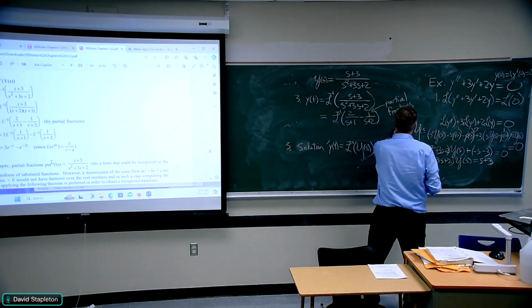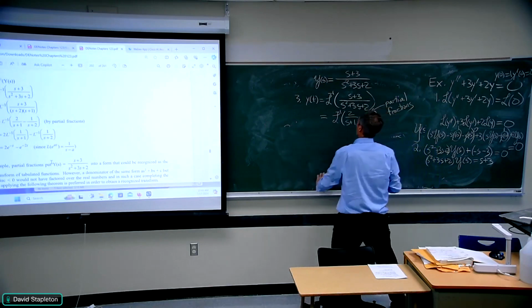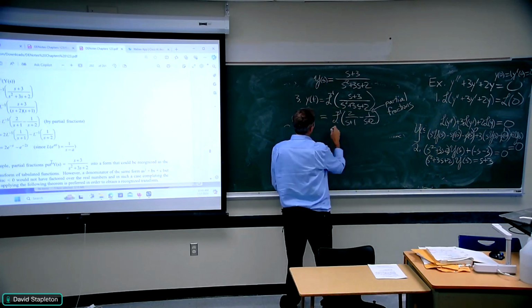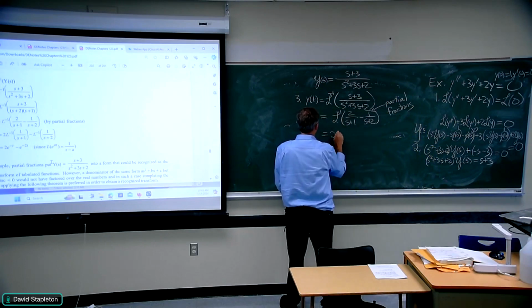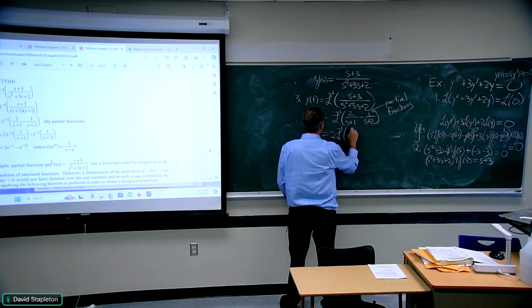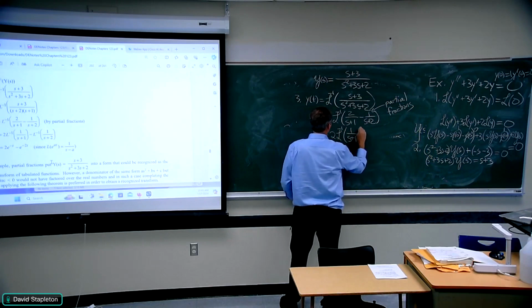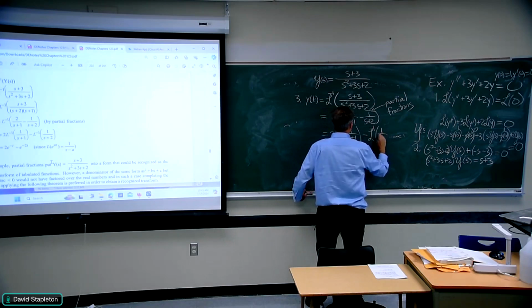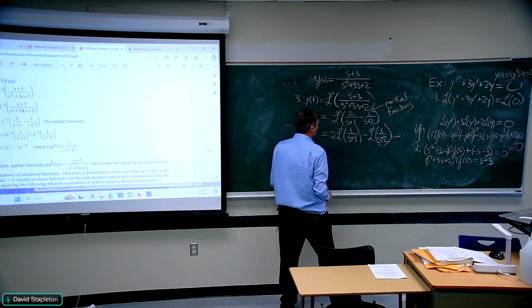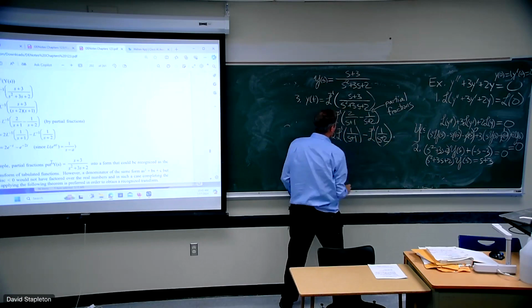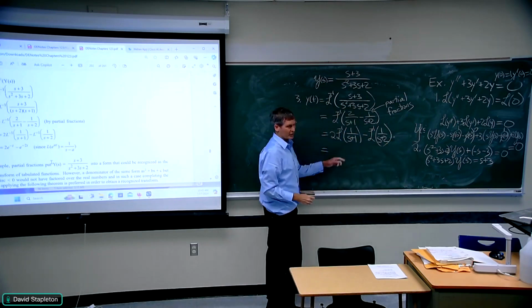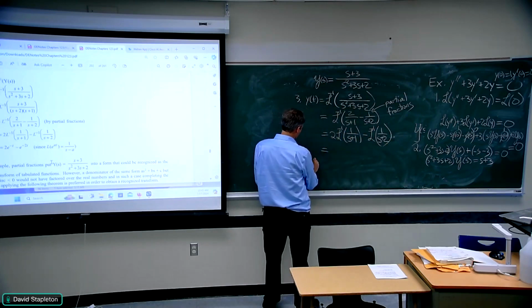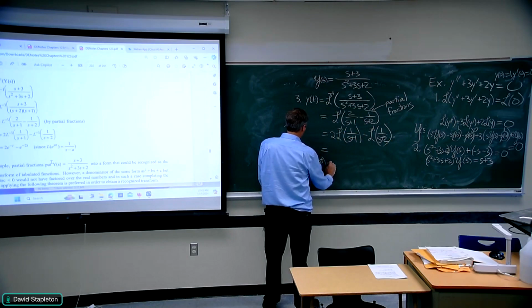And now we know that the inverse transform of a linear combination is the linear combination of the inverse transforms. So this is twice the inverse transform of 1 over s plus 1, minus 1 times the inverse transform of 1 over s plus 2. We remember the property that the Laplace transform of e to the at is 1 over s minus a, right?